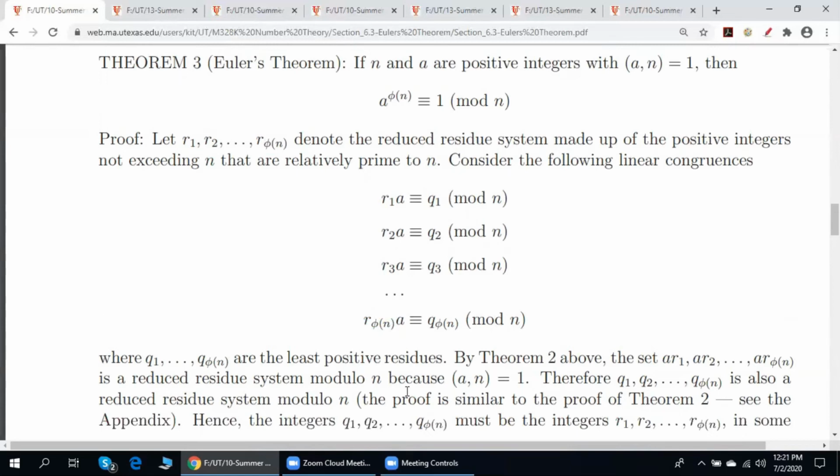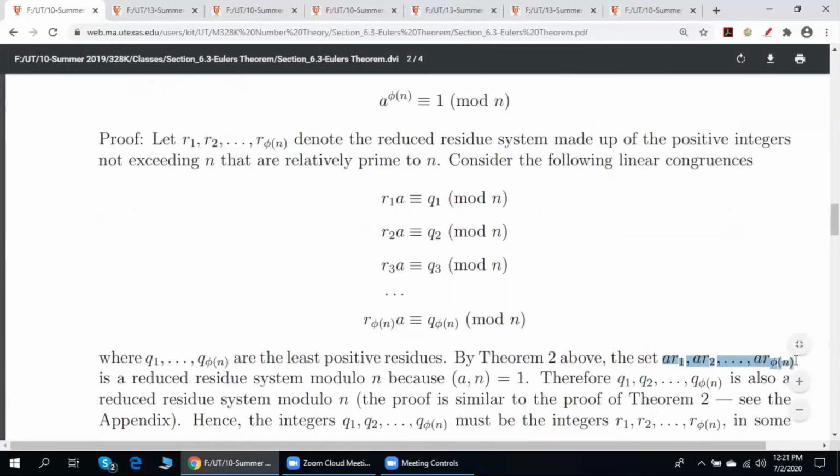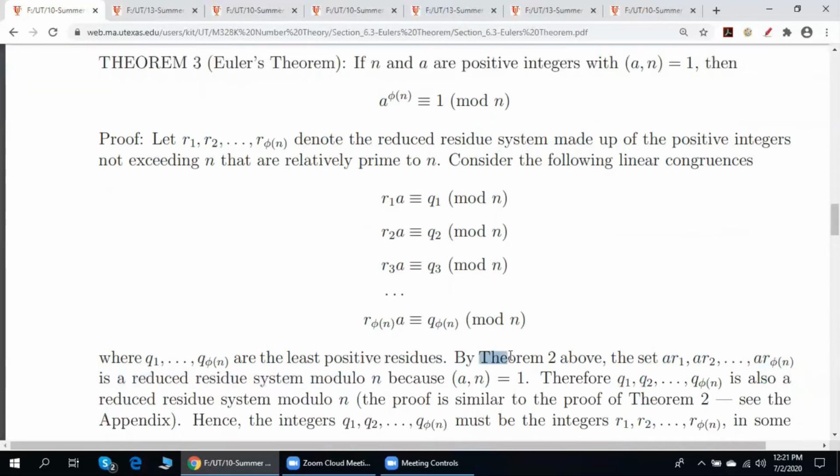Here is what we do next. If we multiply these numbers by a, the resulting set is again a reduced residue system modulo n by theorem 2 above, because a and n are relatively prime.